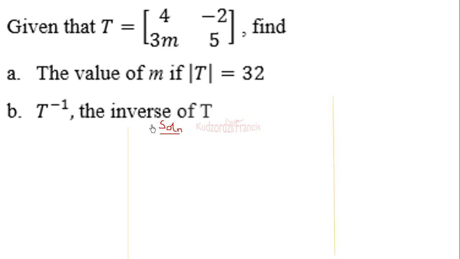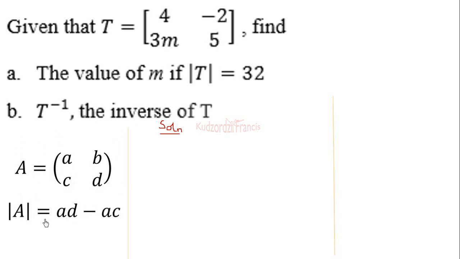So we need to recall. Recalling is very important for WAEC exams. So recall that when you have a matrix A with entries a, b, c, d, then the determinant, denoted with 2 bars on A, is equal to ad, that is multiply the leading diagonal, minus multiply the minor diagonal.